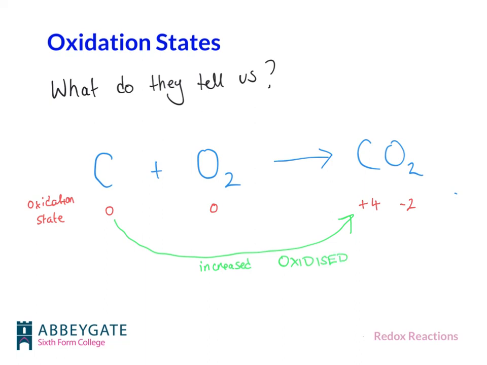Okay, and then if I look at the oxygen, during the reaction it's going from oxidation state 0 to oxidation state -2. If the oxidation state decreases during a reaction, then it's a sign that the species is being reduced.